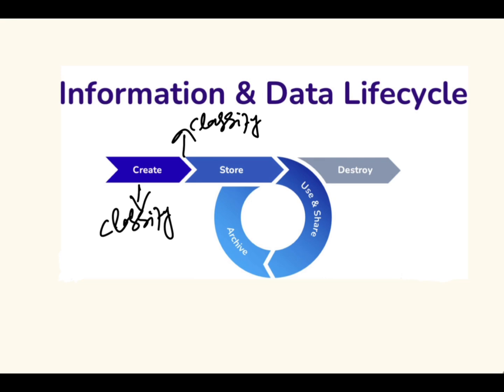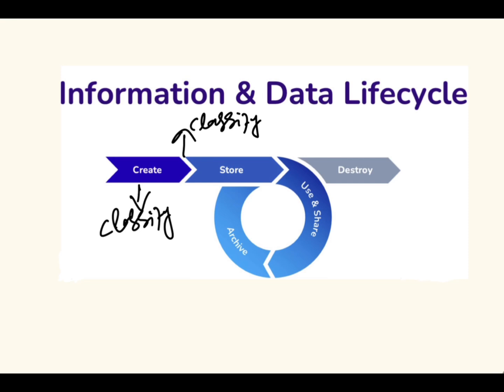So data classification is a very important thing. As soon as you gather the data through user input using any mechanism, you need to classify it. So data classification, labeling, and access controls belong in this phase.